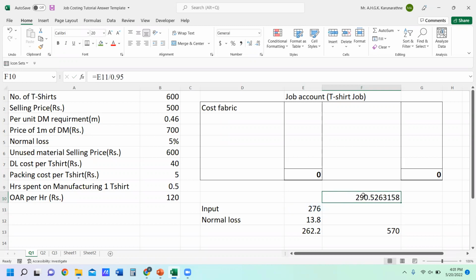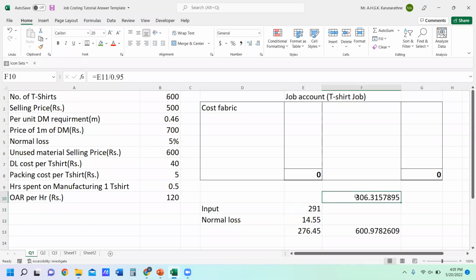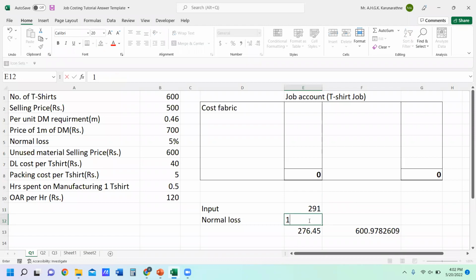So it is approximately 291. You need to introduce 291, and then your normal loss will be approximately 15.